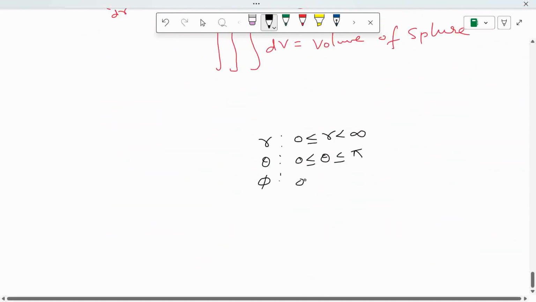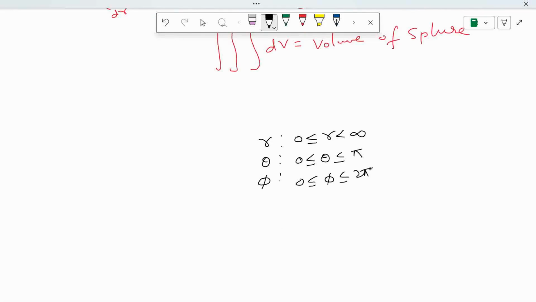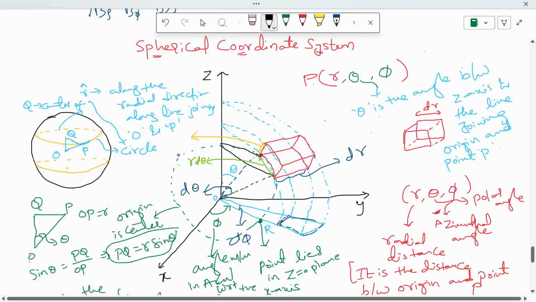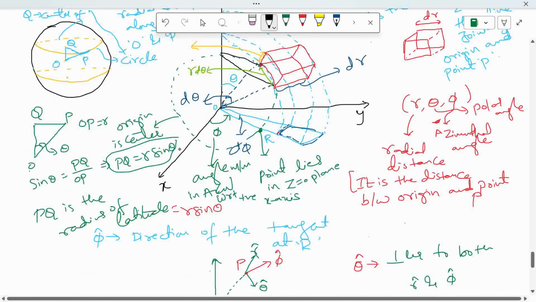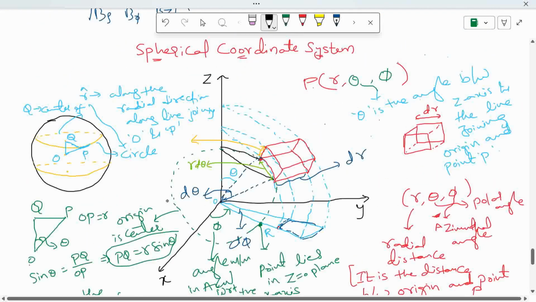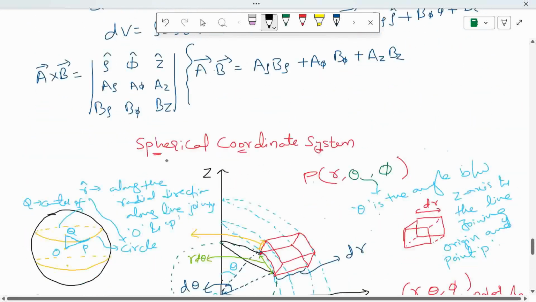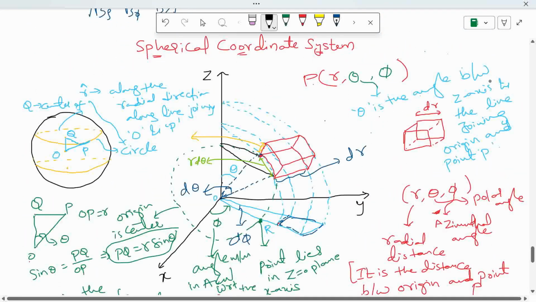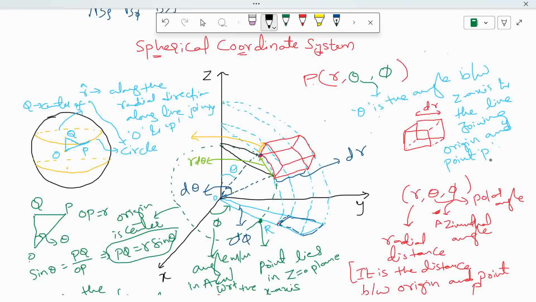So 0 less than or equal to phi less than or equal to 2 pi. But that is not the case for the polar angle, because theta is the angle between the z axis and the line joining the origin and point P. So this will be in the range of 0 to pi itself.